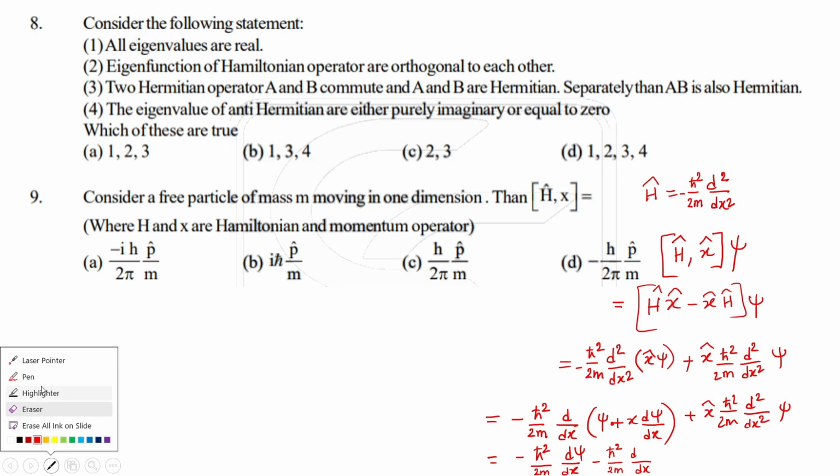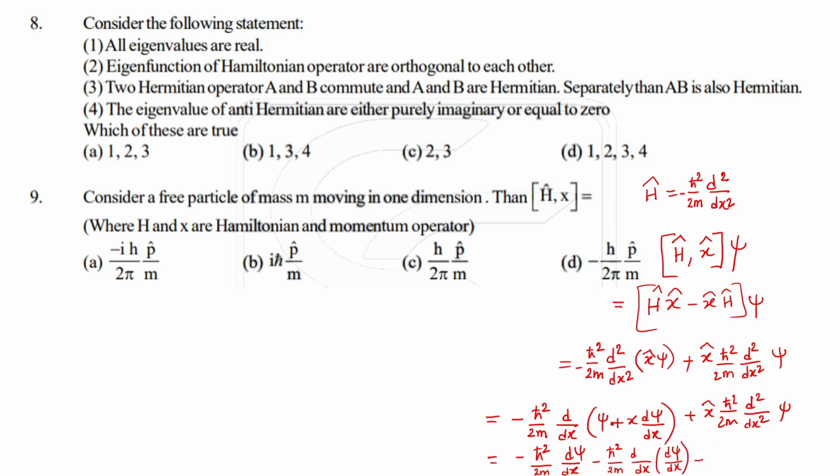So you are getting the idea, no? What I am trying to do is first I am going to take the derivative of x, that will remain, so d psi by dx will remain as it is, and another would have been minus h cut square by 2m d by dx.